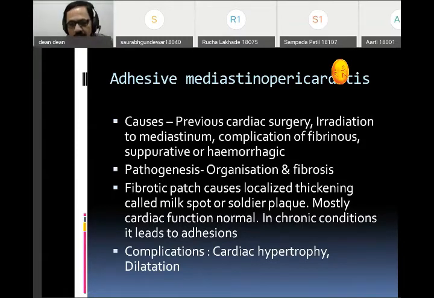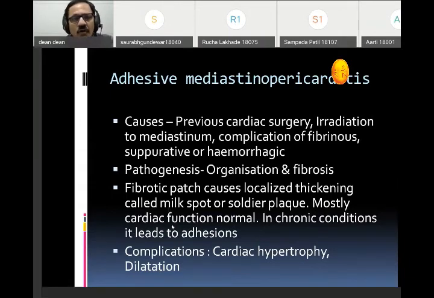In World War I, soldiers were strapping their chests along with all their weapons, and because of the continuous irritation, the pericardium gets irritated, forming a typical patch that is called soldier's plaque or a milk spot.